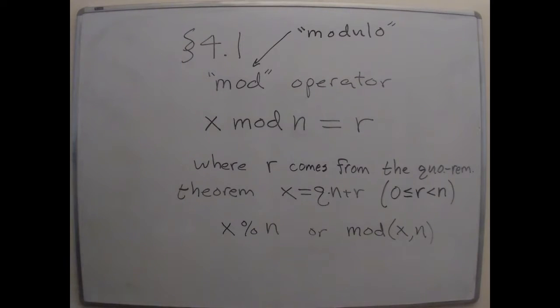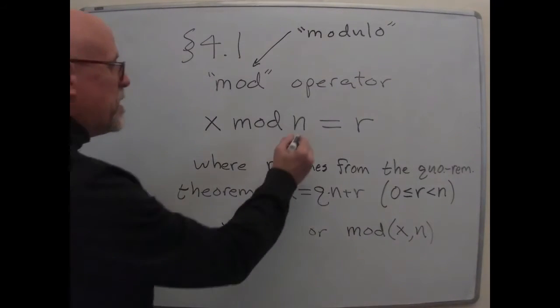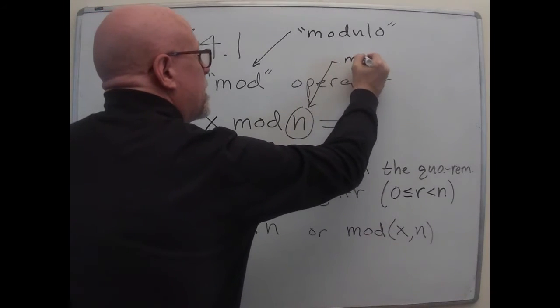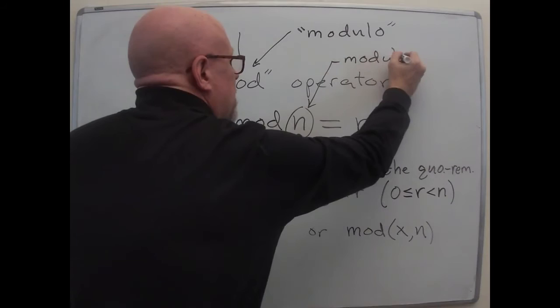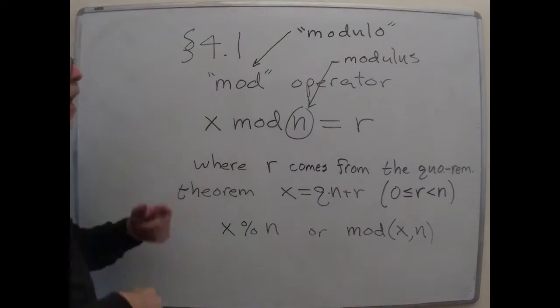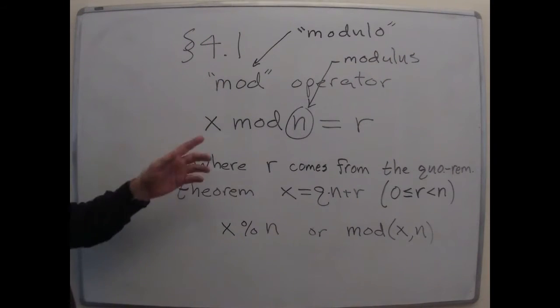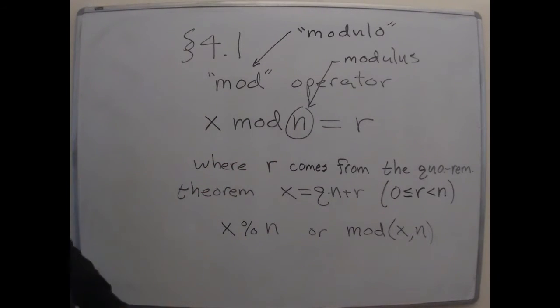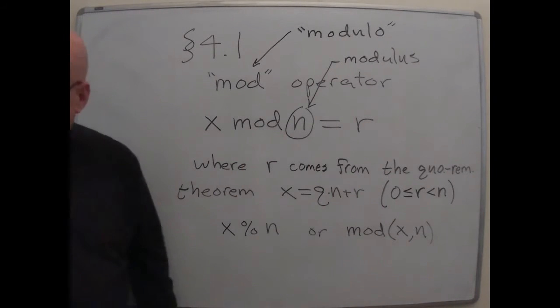And modulus is this number, the n. And if you're doing multiple of these things, say you're taking some numbers mod 5 and the same numbers maybe mod 7, then you will have the plural form of modulus, which is moduli, which is what I just used a second ago without saying what it was first. Oops. All right.